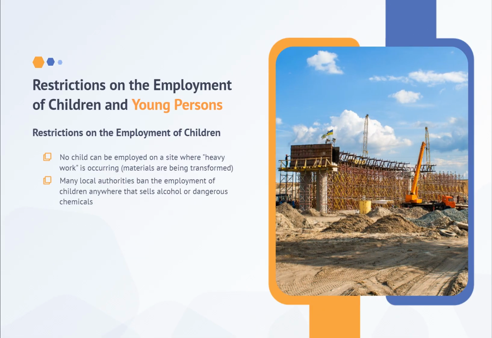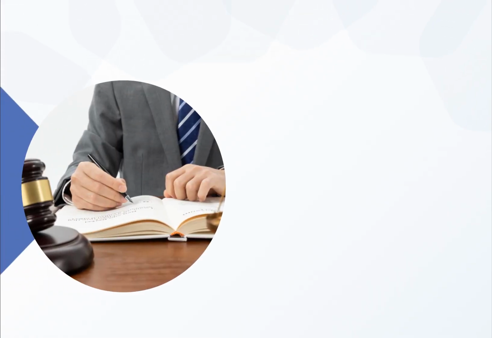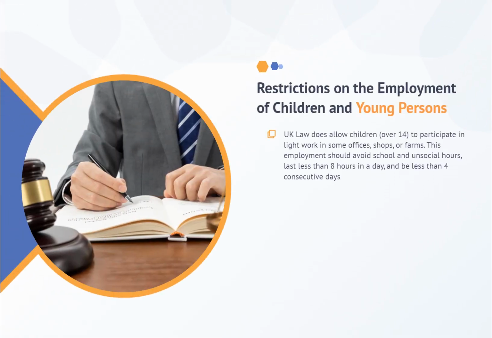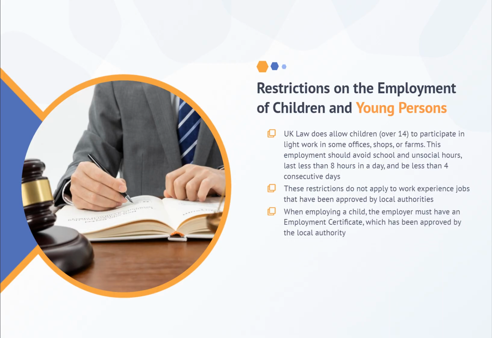Restrictions on the employment of children. No child can be employed on a site where heavy work is occurring or materials are being transformed. Many local authorities ban the employment of children anywhere that sells alcohol or dangerous chemicals. UK law does allow children over 14 to participate in light work in some offices, shops, or farms.